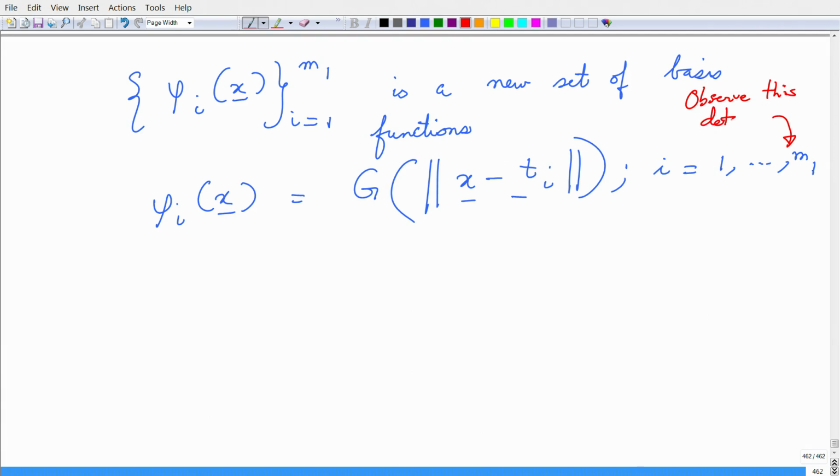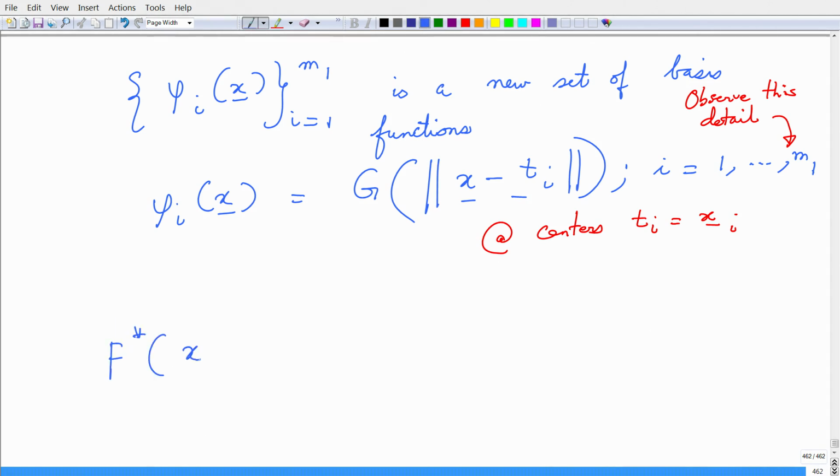Observe this detail that we do not have capital N units, but we have M1 units, at centers t_i, for some choice that I have here, i equals 1 to M1.